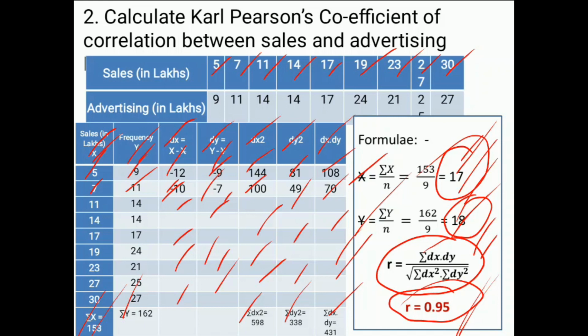If you get an answer more than 1, your answer is wrong and you have done a step wrong somewhere, so you have to recheck and solve the problem once again. Finally, your answer is 0.95. I request students to solve the problem and cross check whether this answer is correct or not.